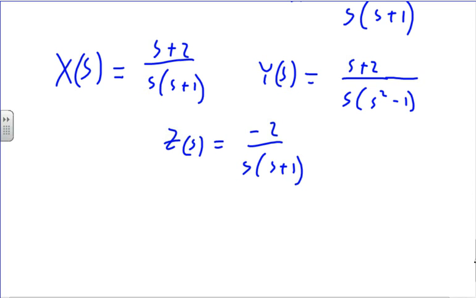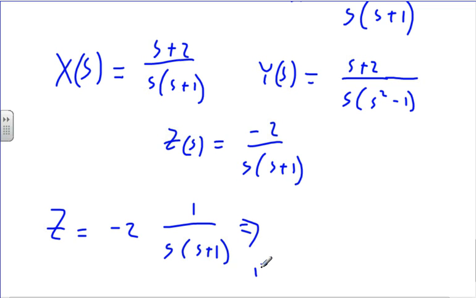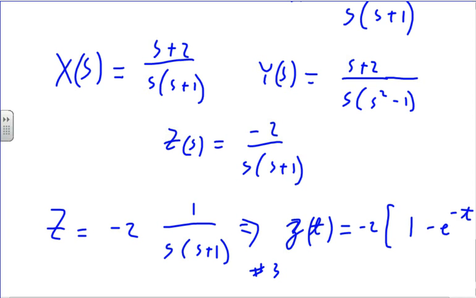Okay, so I have the z guy. So I'm going to do z first. So z is equal to minus 2 times 1 over s plus 1. And using number 13, I find that z of t becomes minus 2 times 1 minus e to the minus t. Okay, so I have z.